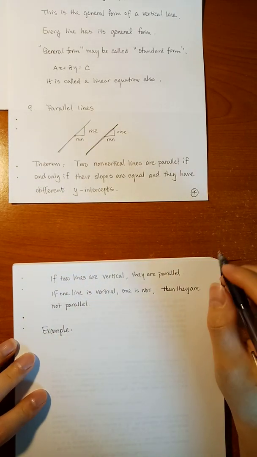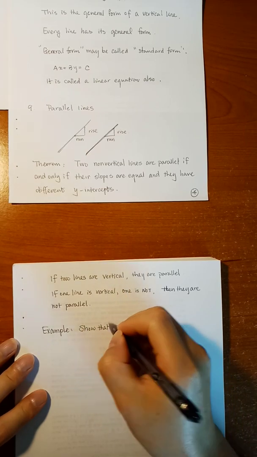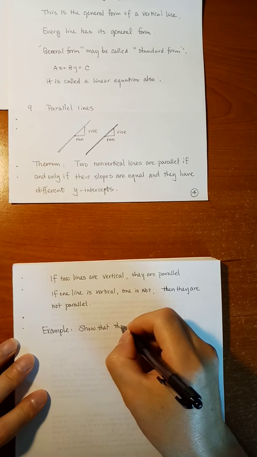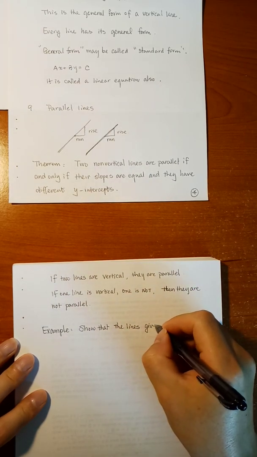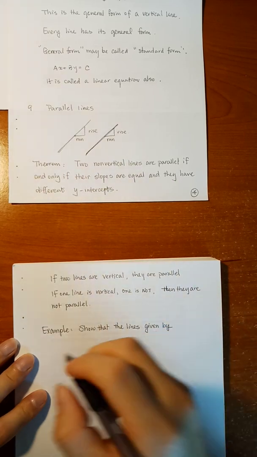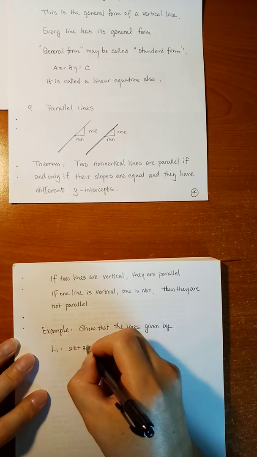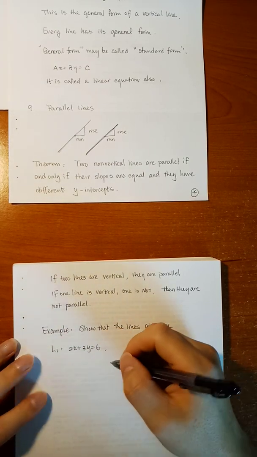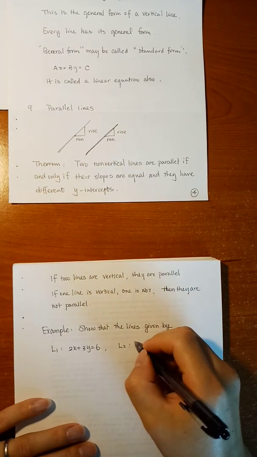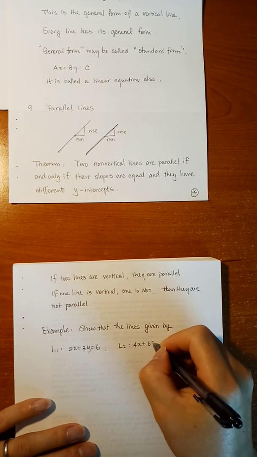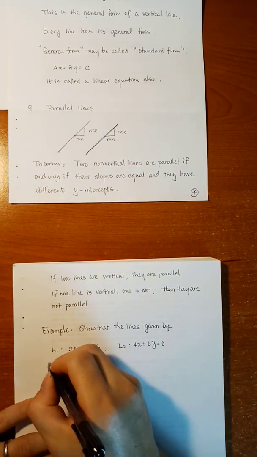Okay, let's see the example. Show that the lines given by L1: 2x plus 3y equal to 6, L2: 4x plus 6y equal to 0, are parallel.